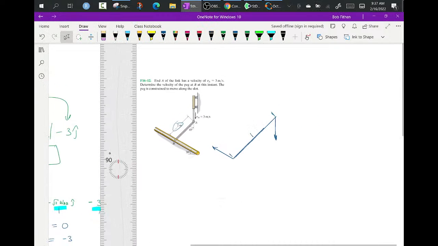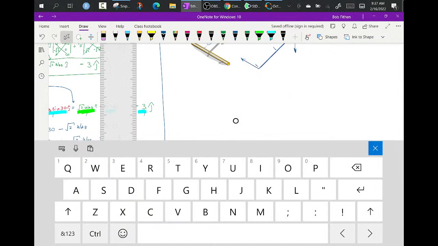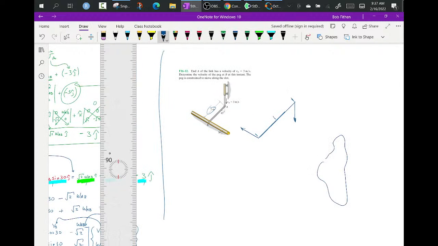In an instant center, here's what an instant center is. Okay. In an instant center, let's assume you had an object, and this object happened to be connected to a rod out here and was spinning about this.